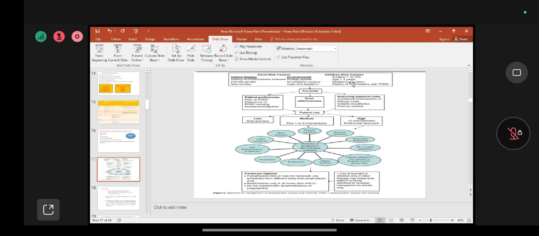And in children, the risk factors are surgery greater than 30 minutes, age more than 3 years, and previous history of vomiting.